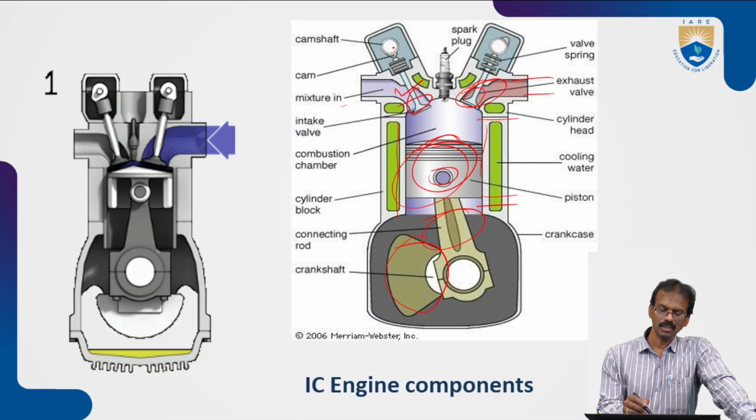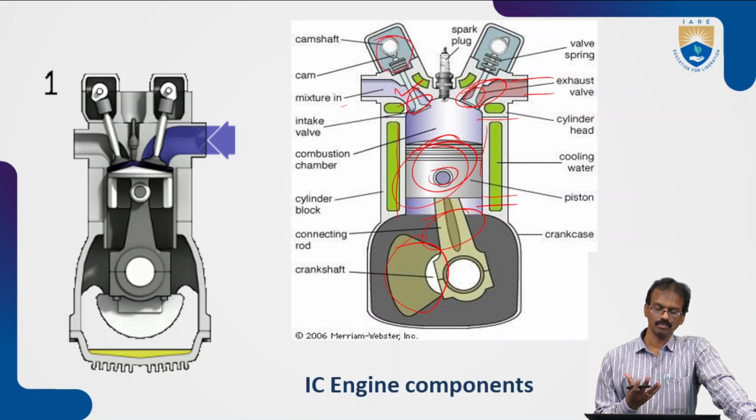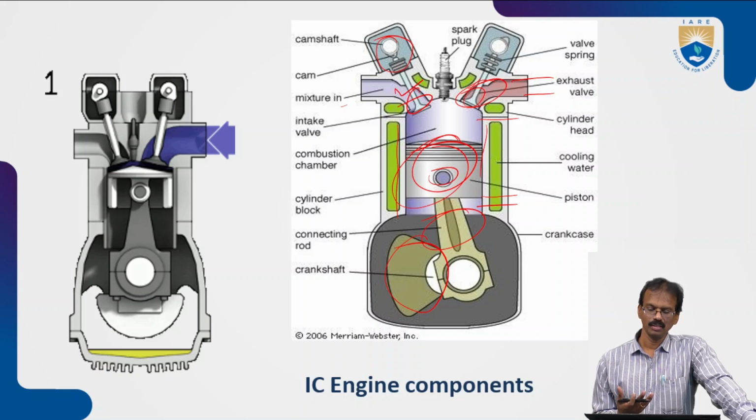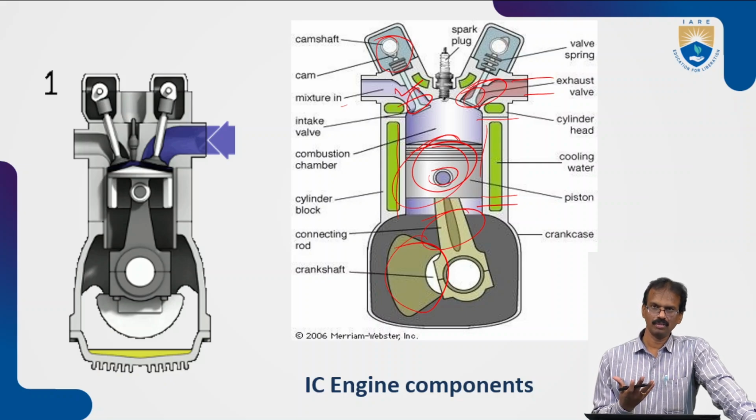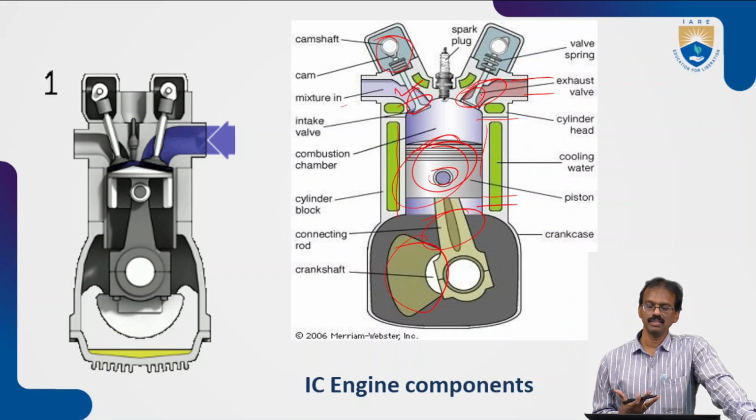By the help of the inlet valve, the charge will be taken in. Charge is nothing but the air-fuel mixture. In the case of a CI engine, only air will be taken through the inlet valve. The exhaust valve scavenges the unnecessary gases and smoke from the combustion chamber.